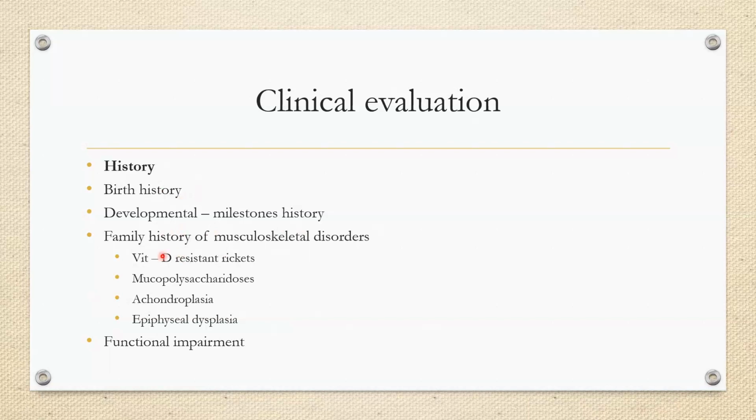And family history of musculoskeletal disorders which can result in rotational deformities, like vitamin D rickets, mucopolysaccharidosis, or any epiphyseal dysplasias or achondroplasias. We also have to quantify the amount of functional impairment of the patient because of the deformity, since that takes precedence in deciding the treatment.